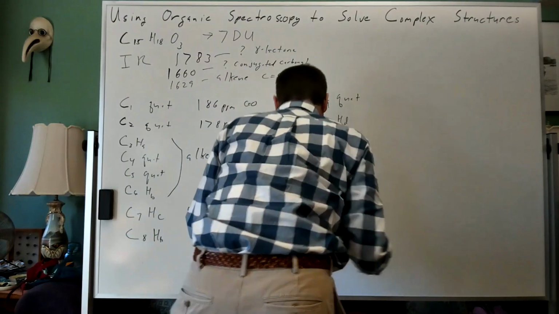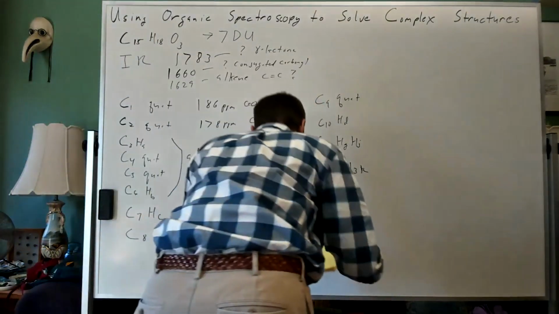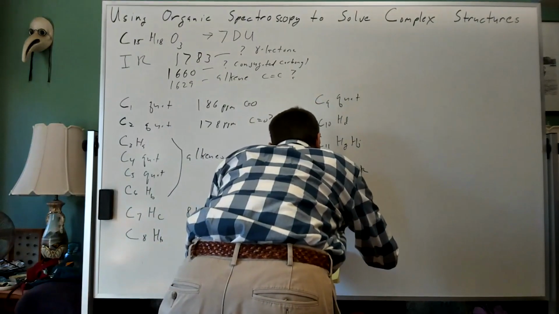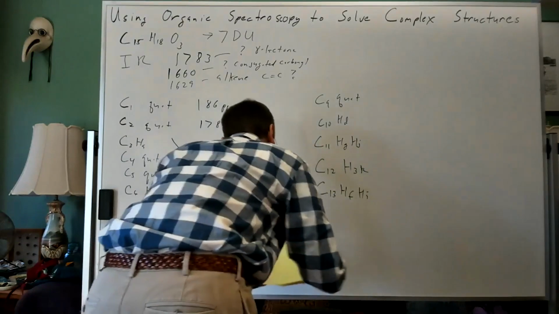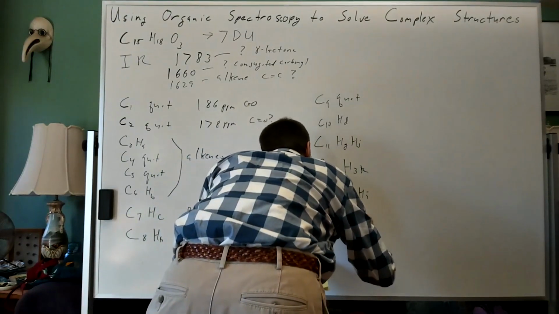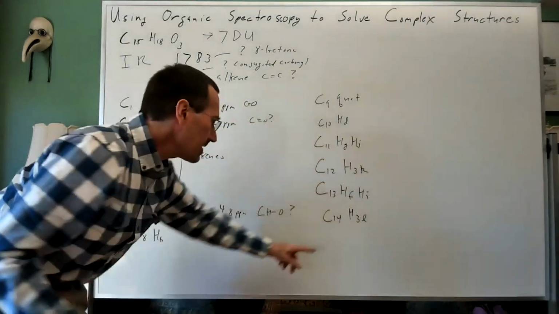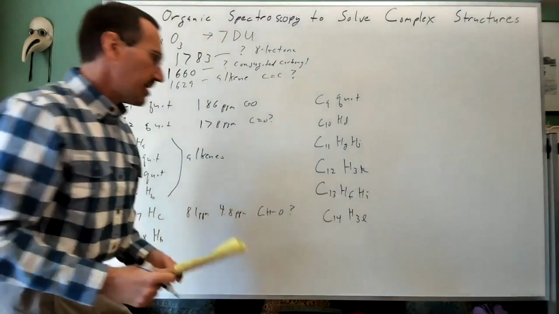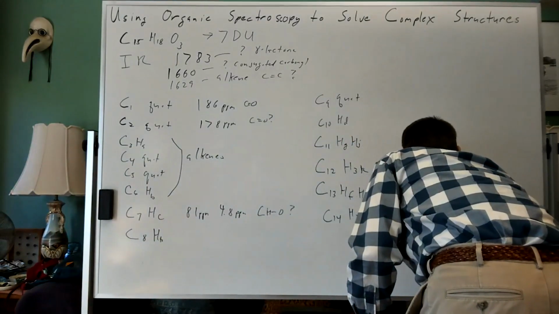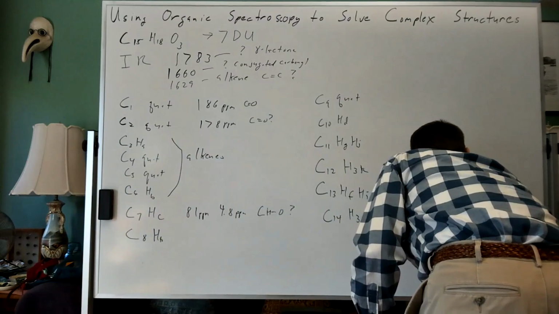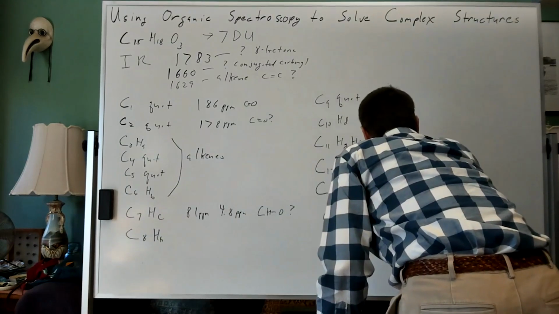So that's that methyl doublet. C13 HF, HI. C14 H3L. So that's our isolated methyl. This is our methyl doublet.